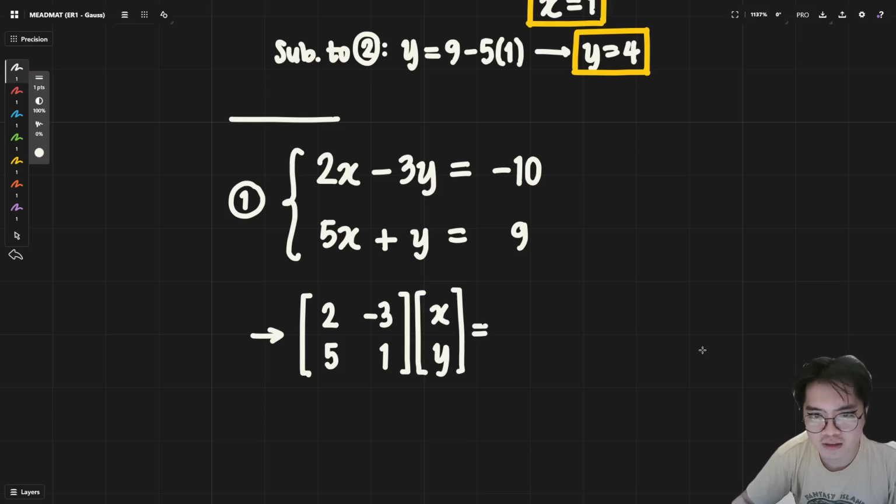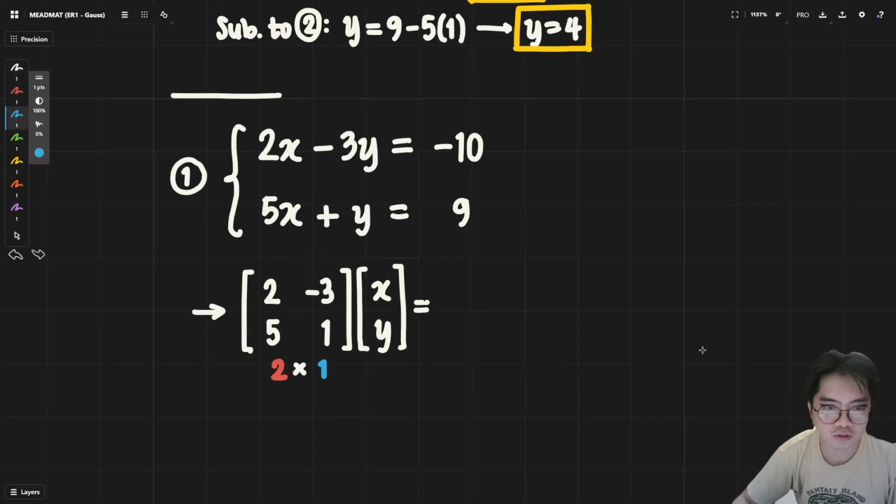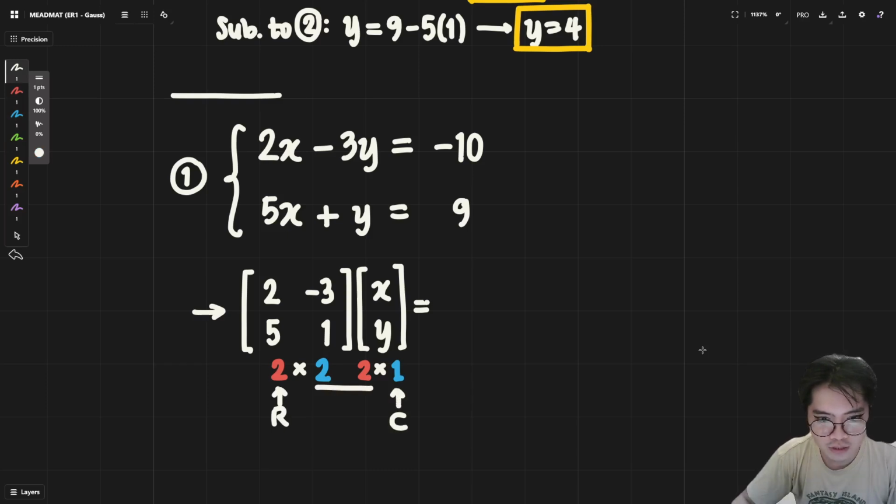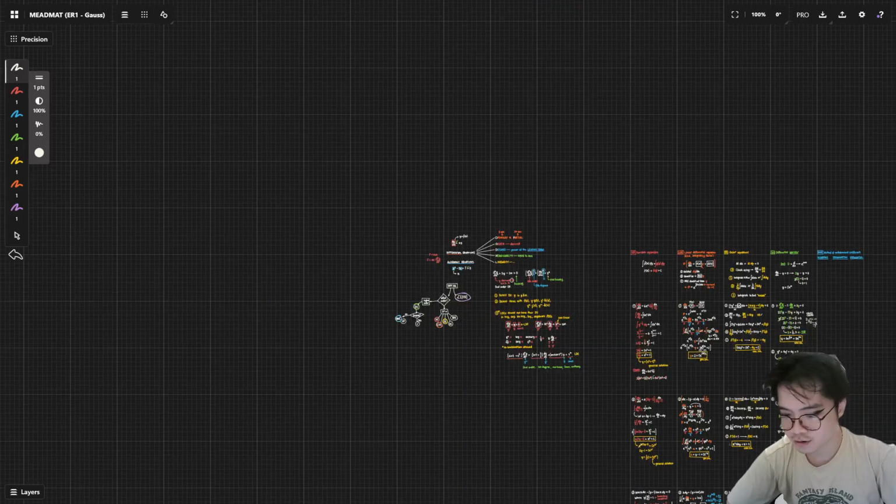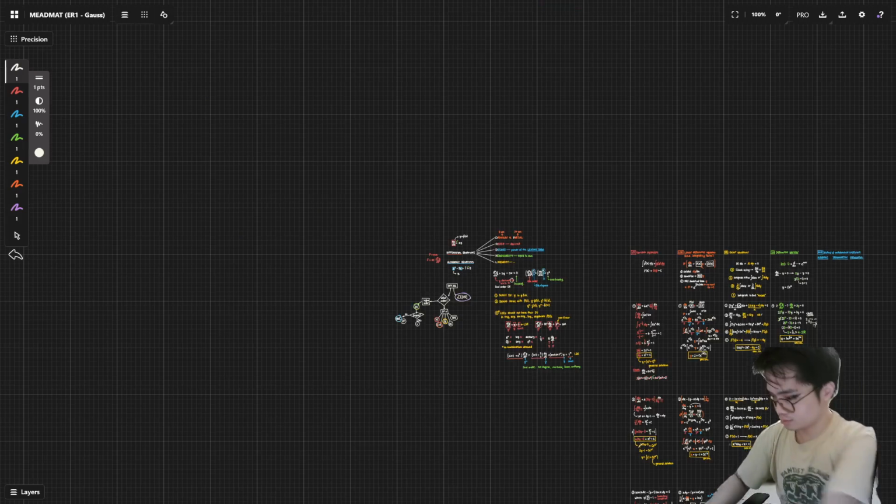This is a 2 by 2 matrix, 2 rows, 2 columns. And now we will have here a column matrix or a column vector, 2 rows and 1 column. So we will now have our new size, which is a 2 by 1 matrix, another column vector.